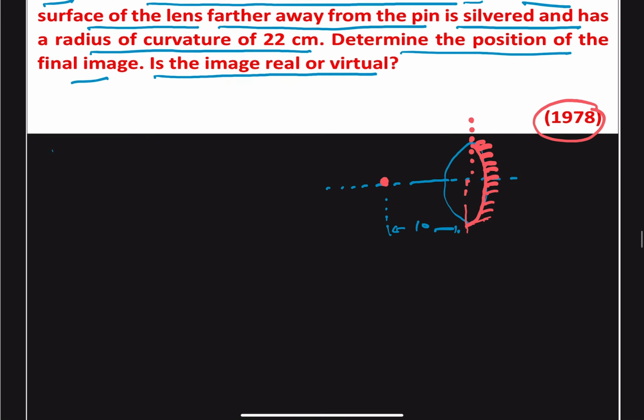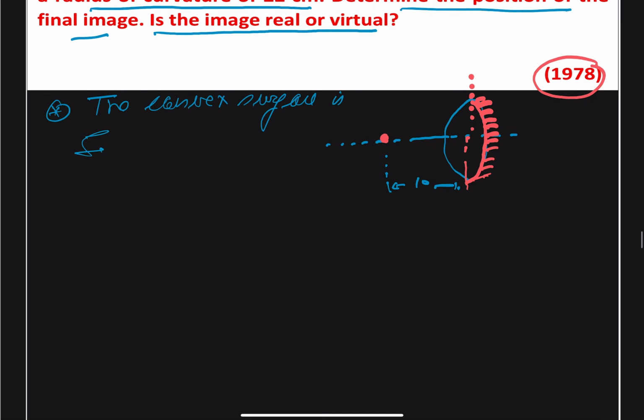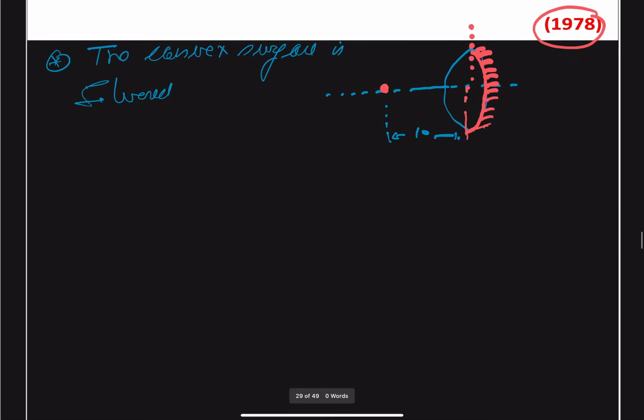So the convex surface is silvered, therefore it forms a mirror lens combination.